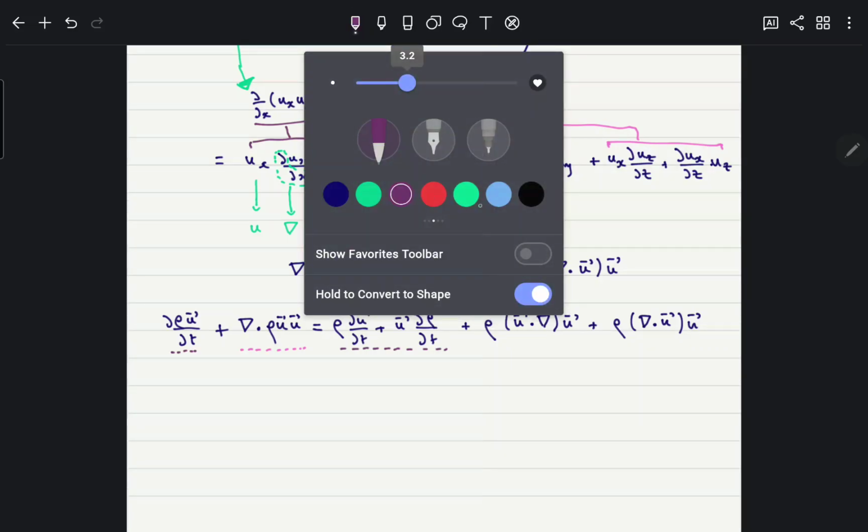Okay, and let's highlight them with similar color.